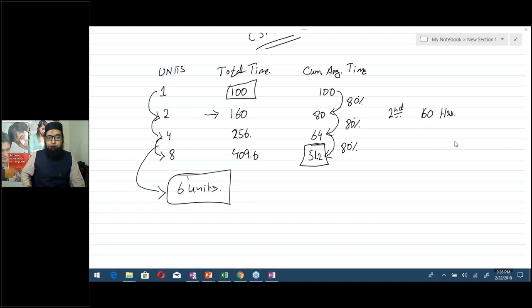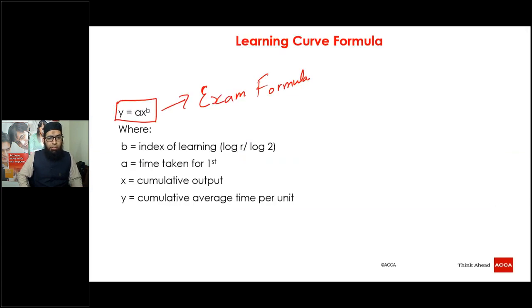But we can calculate the average time for 6 units with this formula.